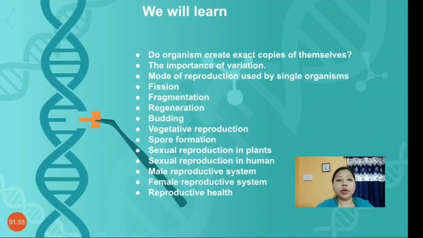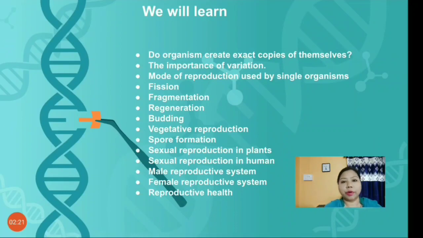And then you'll also learn about sexual reproduction in plants, and sexual reproduction in humans, which will include the male reproductive system, the female reproductive system, and reproductive health. So all these things we are going to cover in this chapter. But for today's class we'll only take up asexual reproduction.